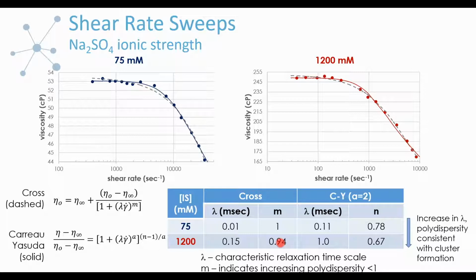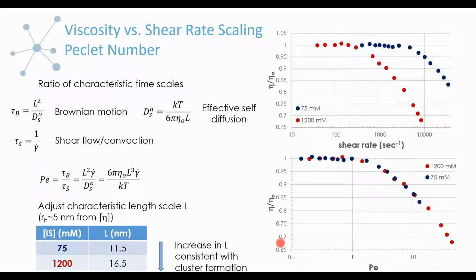Okay, so another way to look at this is if we want to do some additional scaling and see if we can generate a master curve for these two groups of data. So again, we're looking at viscosity versus shear rate, and now we want to do some scaling to extract, again, a characteristic length scale that could represent a trend in the likelihood of aggregation.